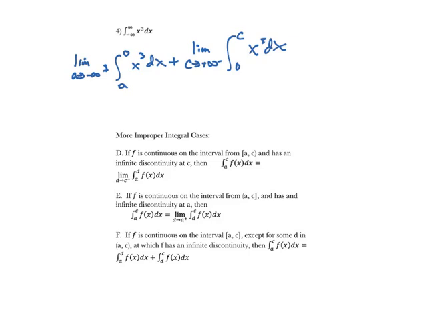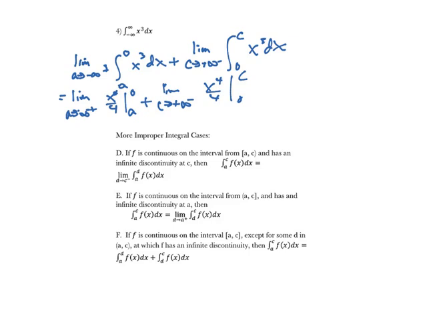So when I integrate, I will get the limit as a approaches negative infinity from the right of x to the 4th over 4 from a to 0, plus the limit as c approaches positive infinity from the left of x to the 4th over 4 from 0 to c.